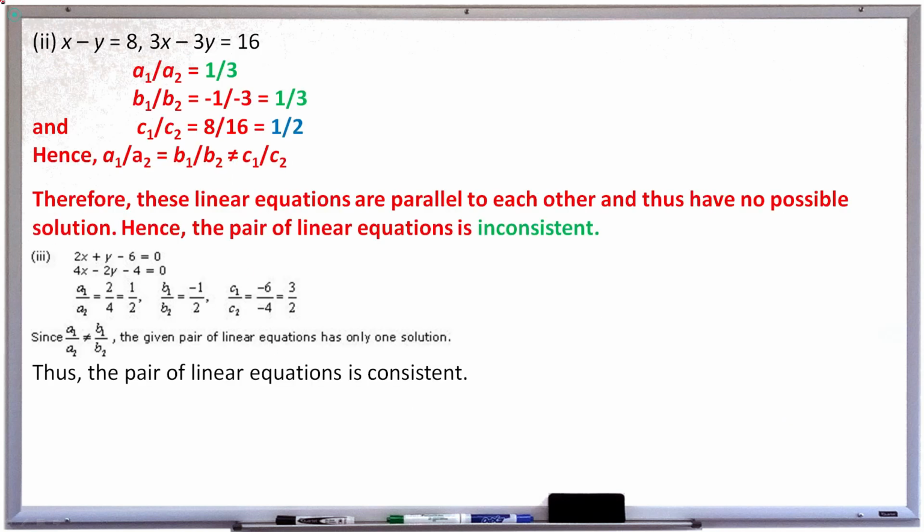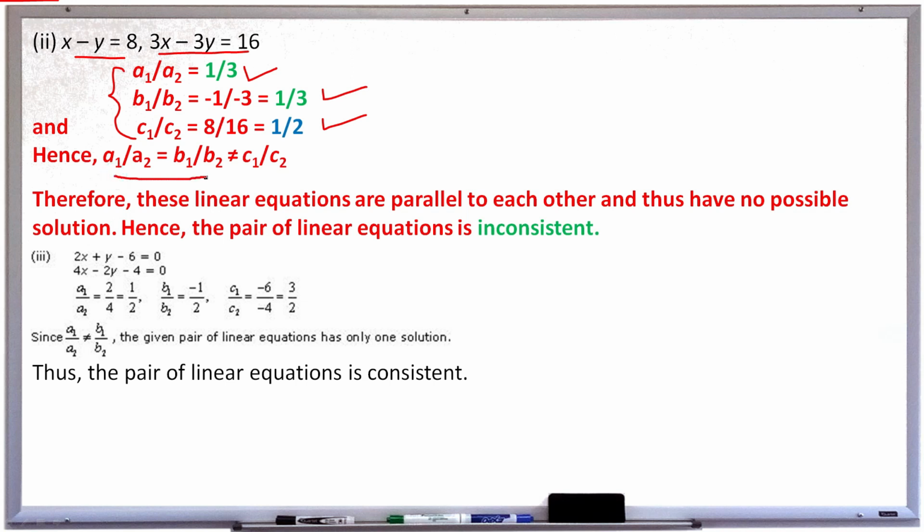Second one, x minus y is equal to 8, 3x minus 3y is equal to 18. A pair of linear equations is given. Again we are going to compare with a1 by a2, b1 by b2, c1 by c2. We are getting the value 1 by 3 for a1 by a2, and for b1 by b2 we are getting 1 by 3, whereas for c1 by c2 we are getting 1 by 2.